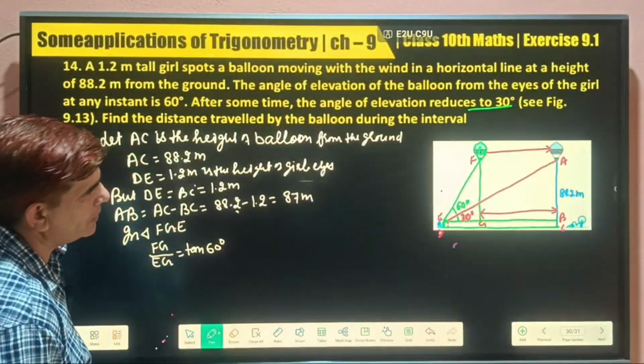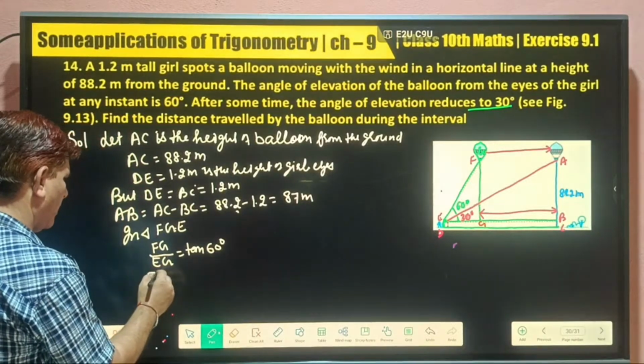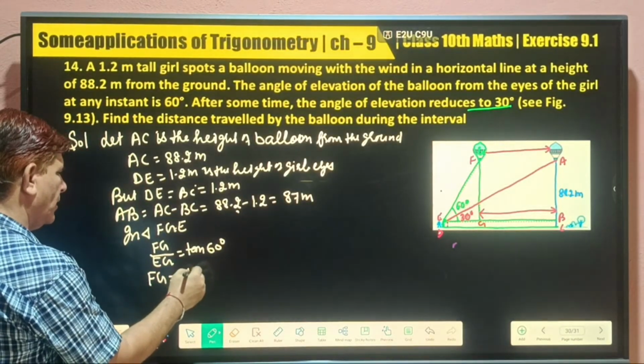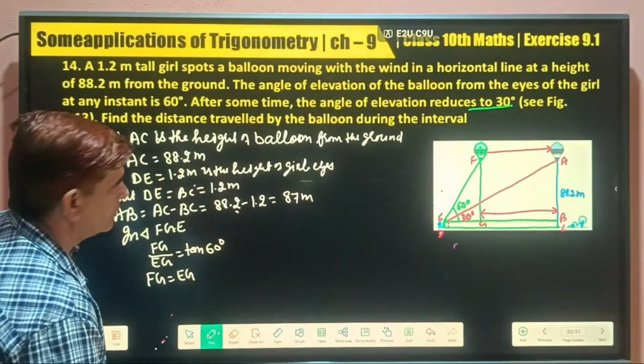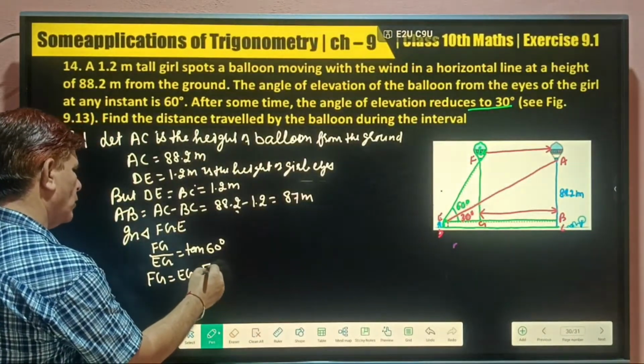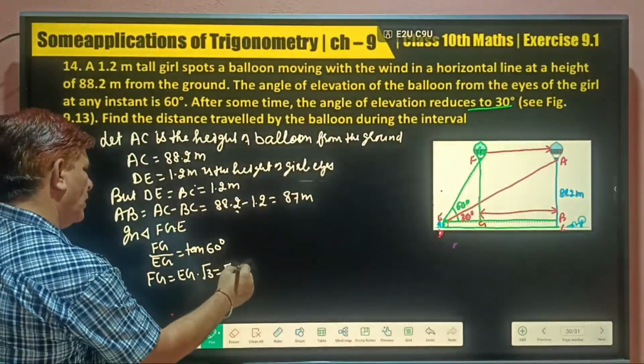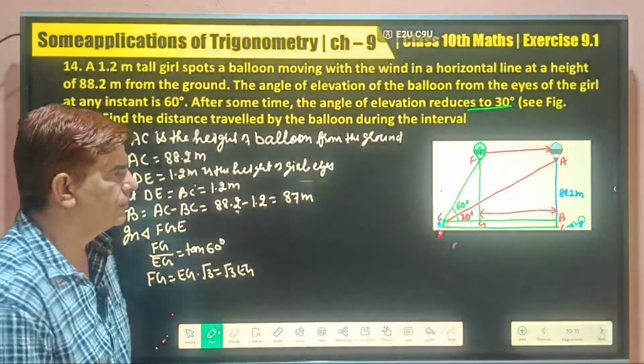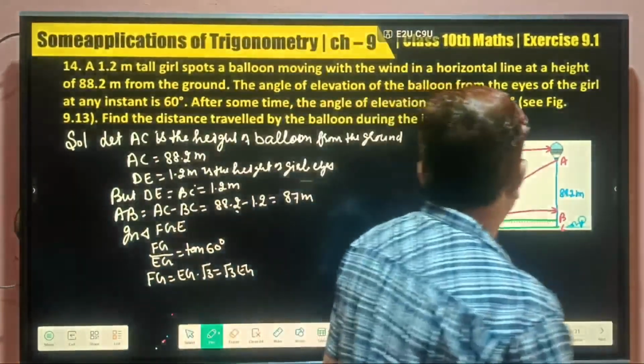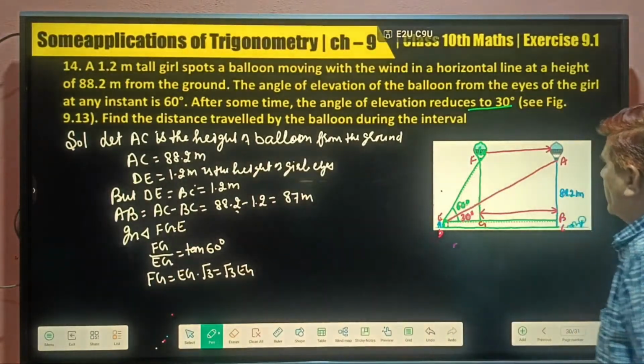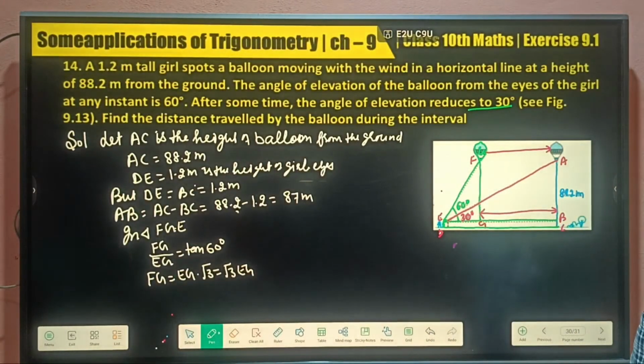So FG is equal to EG into root 3, or we can say root 3 EG. Yes or no?